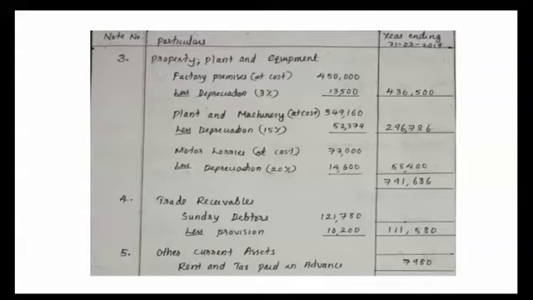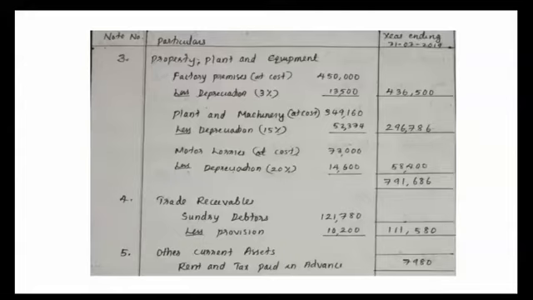Factory premises, isn't it? 4,50,000. We have to deduct the depreciation at 3%, that is 13,500, which we have already calculated. By deducting 13,500 from 4,50,000, we get 4,36,500.